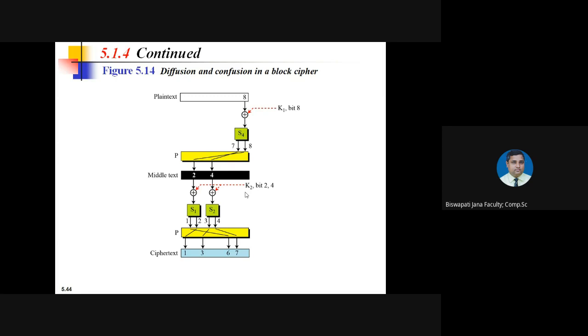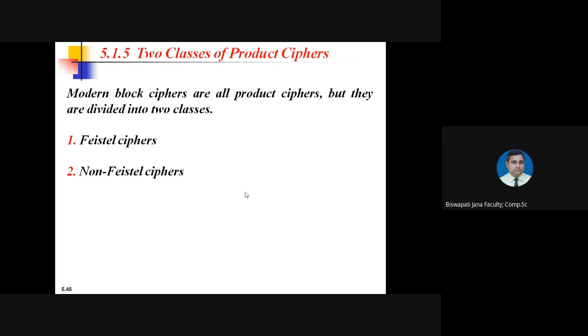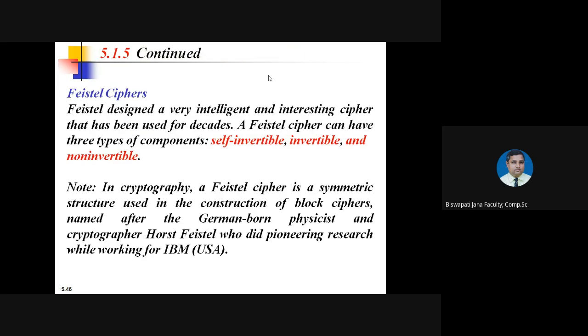Okay. Now, two classes of product ciphers. One is called the Feistel cipher and the other the non-Feistel cipher. For the Feistel cipher, Feistel designed a very intelligent and interesting cipher that has been used for decades.